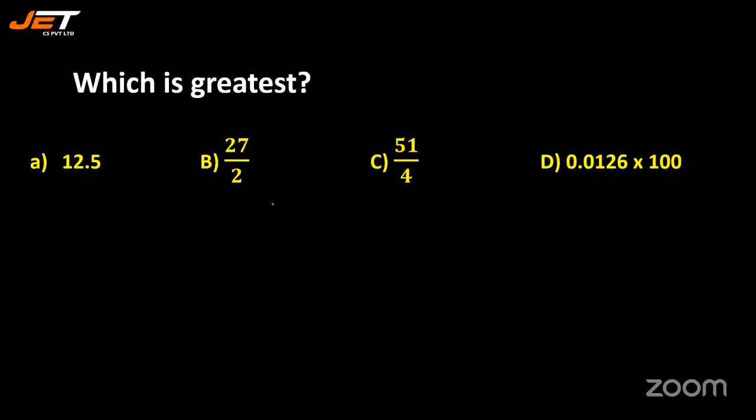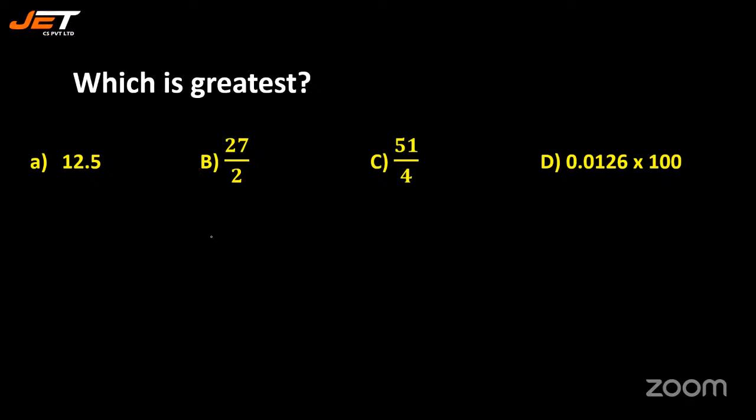Which is the greatest here? 12.5, 27 by 2, 51 by 4, or this one, 0.0126 times 100. Okay, so this is 12.5.